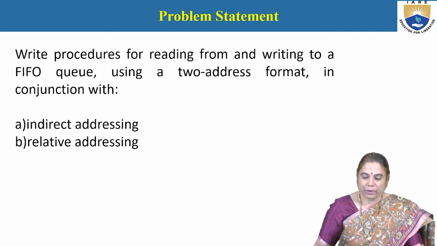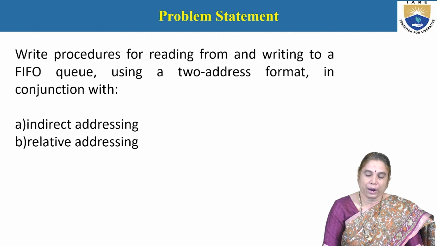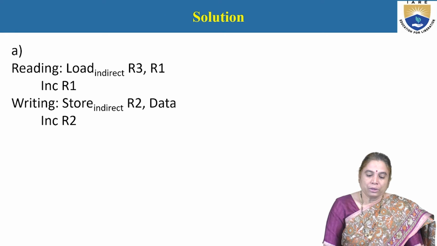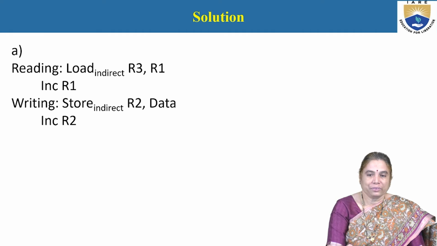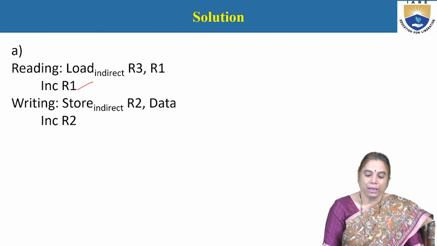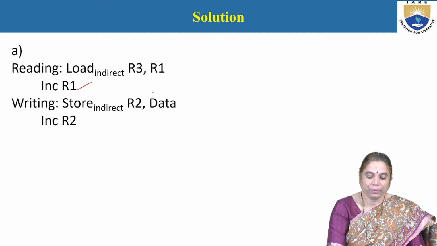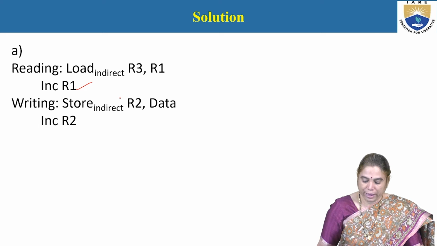Write a procedure for reading from and writing to a FIFO queue using a 2 address format in conjunction with indirect addressing mode and relative addressing mode. So for reading, load in the indirect addressing mode with the register values R1 and R2 and increment R1. While writing, we store the data from R2 and increment the R2 value.